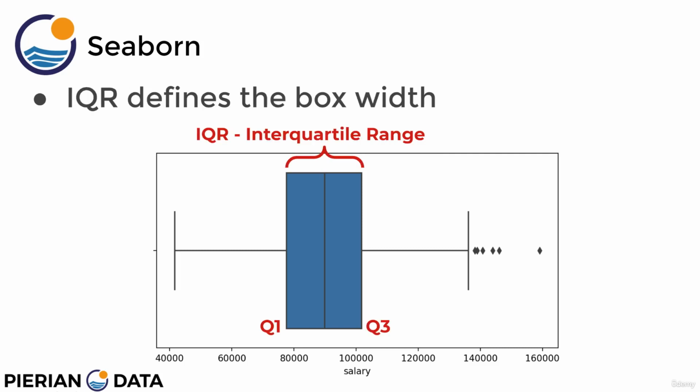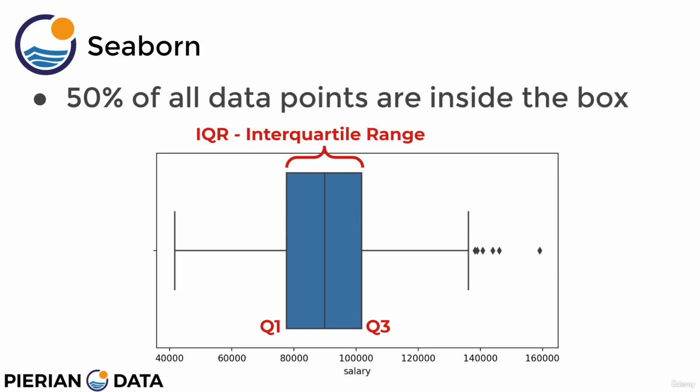It's the median. Now let's talk about that actual box. This is called the interquartile range, or IQR. And IQR defines the box width, and it's essentially the middle 50% of all the data points. So 50% of all the data points are inside this box that falls between Q1 and Q3. And it's called IQR.